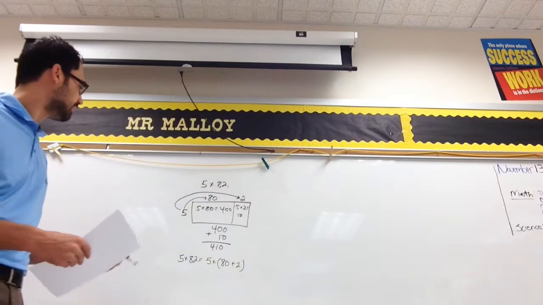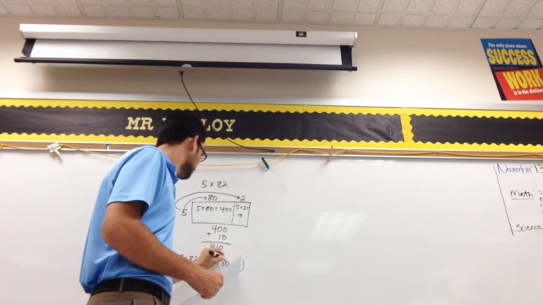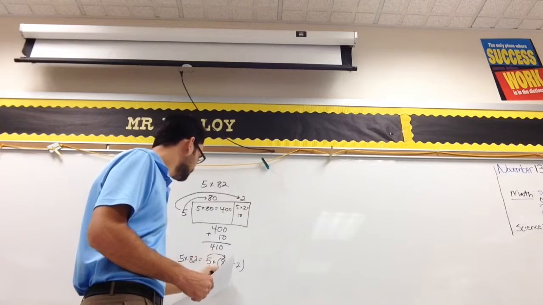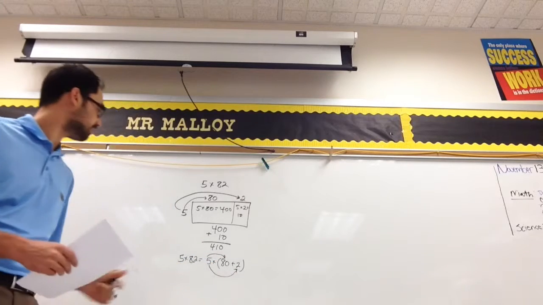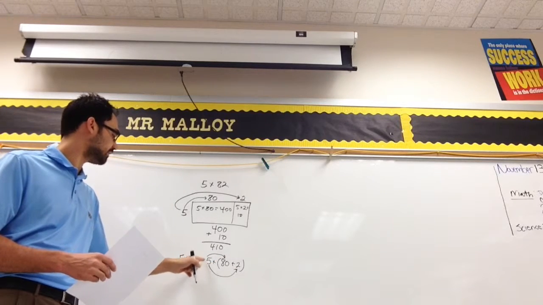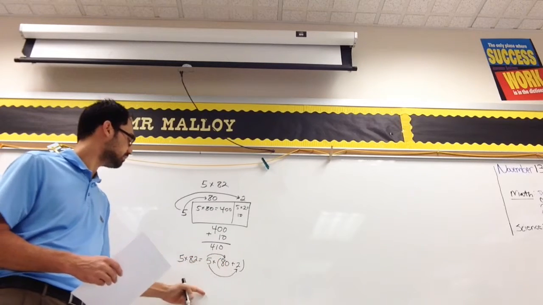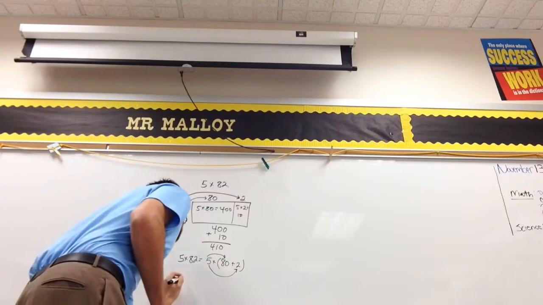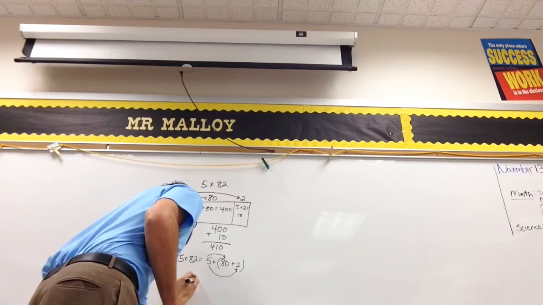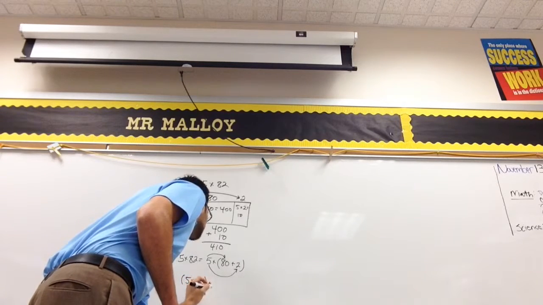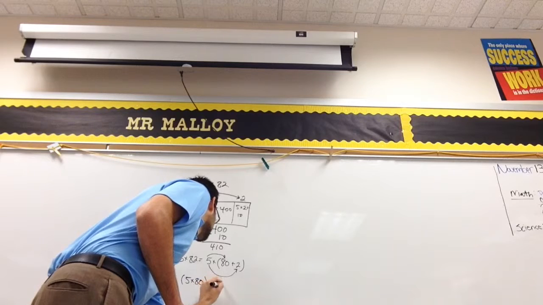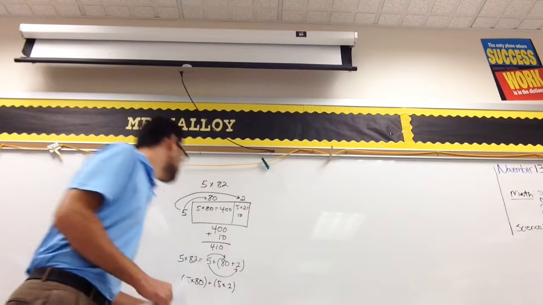Okay? And then this is going to be distributed here and there. The 5 is outside, it's being distributed to the 80 and to the 2. So we will rewrite this as 5 times 80 plus 5 times 2.